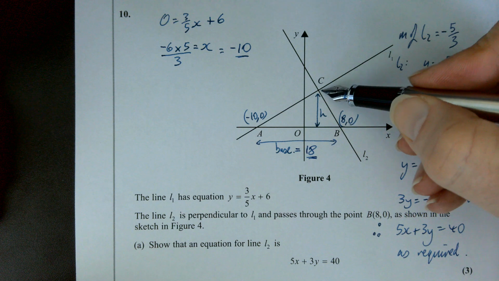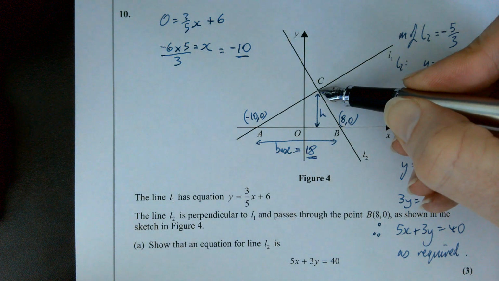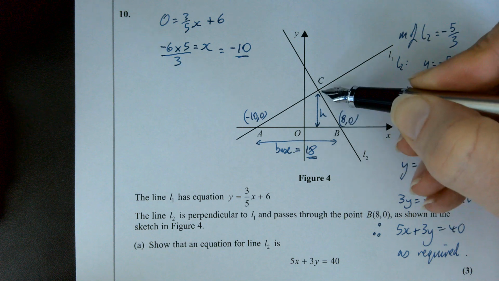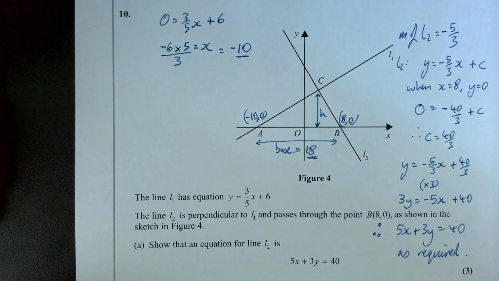And then if we can find where these 2 lines cross, the y coordinate will be that perpendicular height, won't it? So let's do that.